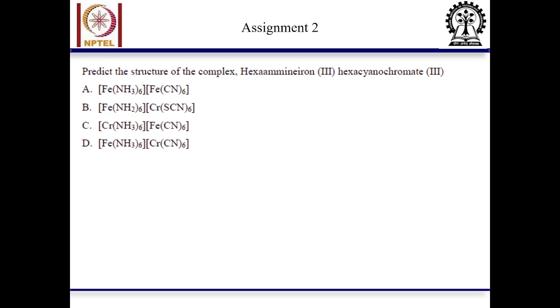Predict the structure of the complex hexaammine iron third hexacyanochromate third.